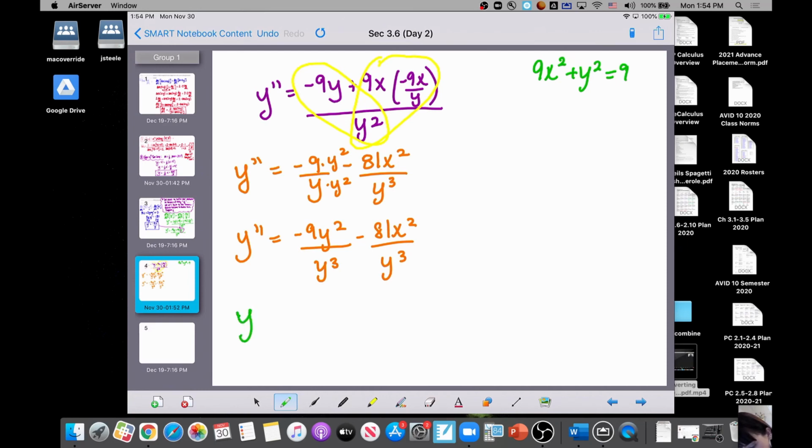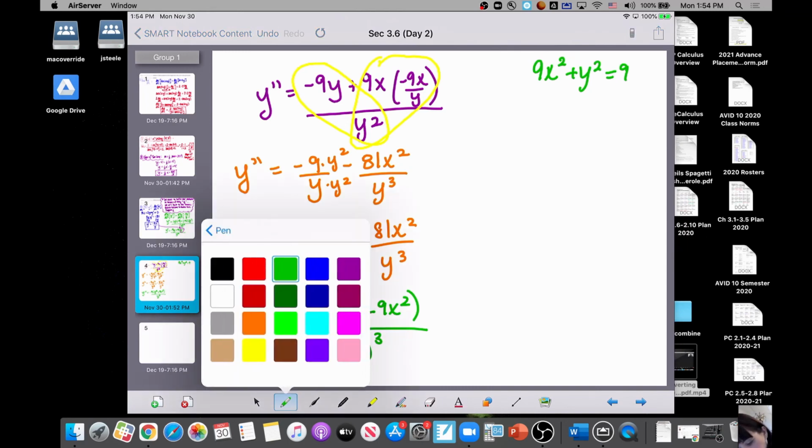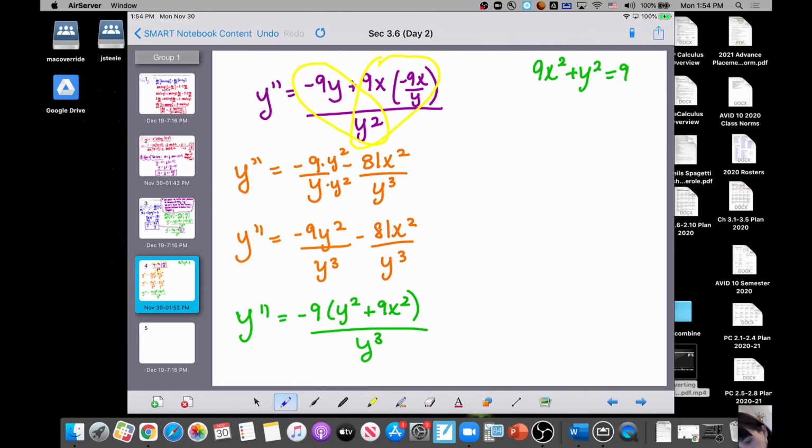Then I would have y prime prime is equal to negative 9, and then I would have y squared plus 9x squared, and then these are both divided by y cubed. Well, look at my original problem. My original problem was that 9x squared plus y squared was equal to 9. So what if I just substitute a 9 in there? That takes care of the problem where I have an x that I don't want.